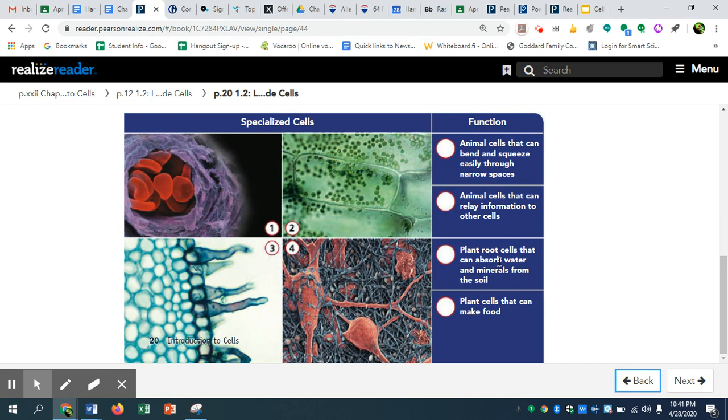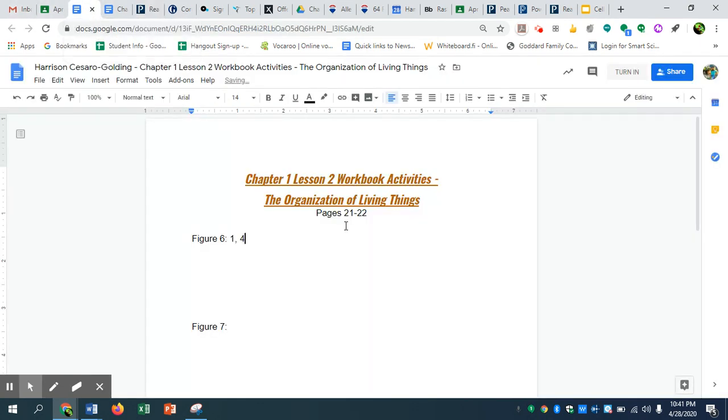That involves your nerve, your brain functions. So if you're not familiar with looking at it, which you're probably not, the one that is most likely a nerve cell would be number 4. Okay, these are like nerve cells. So we're going to write as our next number 4.